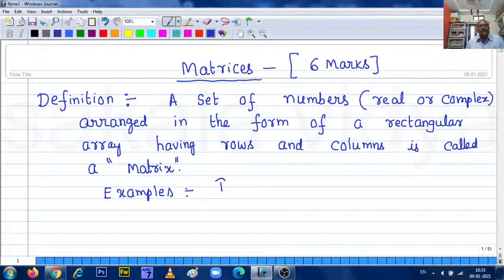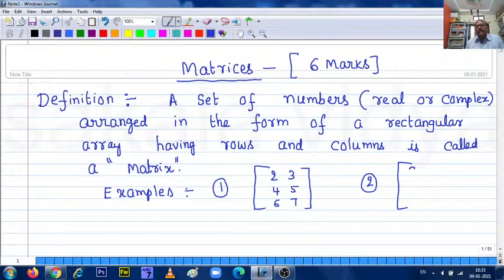First example: 2, 3, 4, 5, 6, 7. Second example, you take like this: A1, A2, A3, B1, B2, B3, C1, C2, C3.